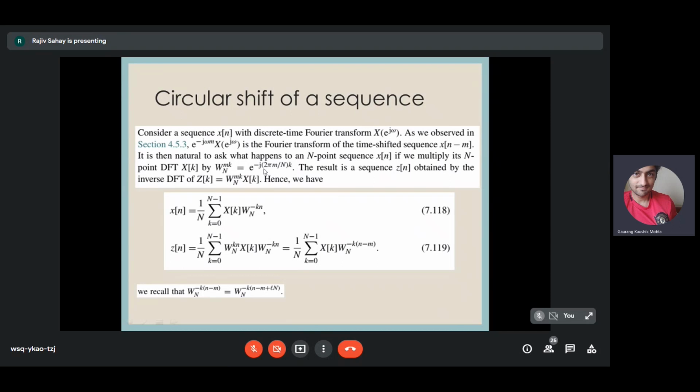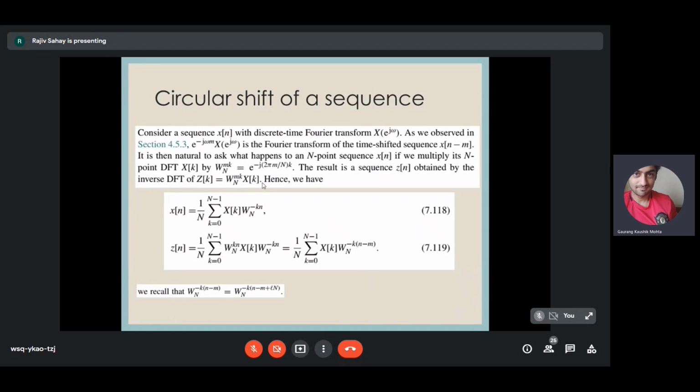Then it is natural to ask what happens to an N-point sequence x[n] if we multiply its N-point DFT X[k] by this factor, that is e to the power minus j 2 pi by capital N into k into small m. If I multiply the DFT X[k] by this factor and take the IDFT, that means I form a complex coefficient Z[k] equal to W_N to the power mk into X[k], and I take the IDFT of this right hand side, then what do I get?